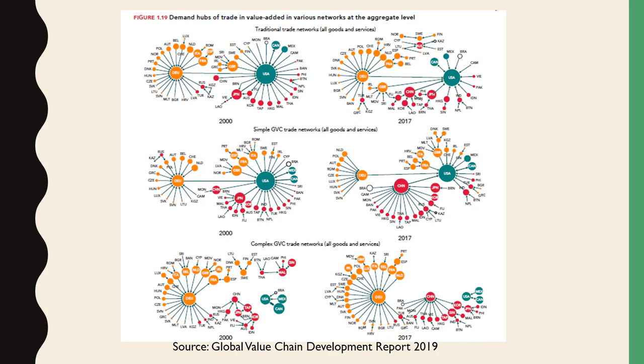And from the top, traditional trade network, we can see 3 regional supply hubs in the traditional trade network in year 2000. And the 3 supply hubs are US, Germany, and Japan. So the United States has a strong linkage to its partners, Canada, Mexico, Korea, Brazil, India, and Australia. And Japan can be considered as the regional supply hub in the Asia Pacific region.